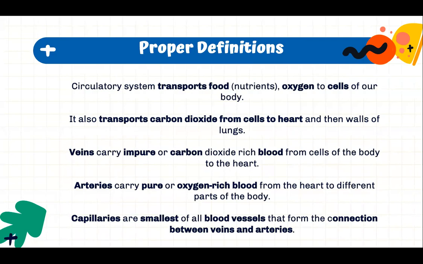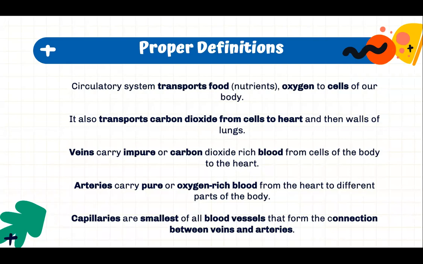All right, veins carry impure or carbon dioxide rich blood from cells of the body to the heart. Arteries carry pure or oxygen rich blood from the heart to different parts of the body. Capillaries, on the other hand, are the smallest of all blood vessels and form the connection between the veins and the arteries.